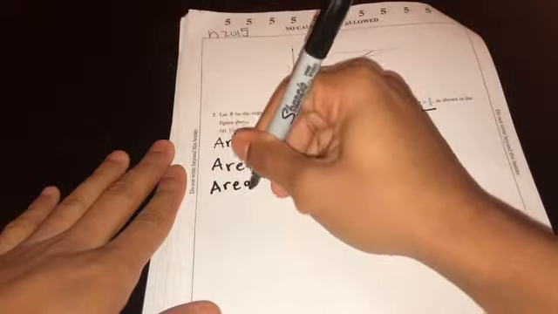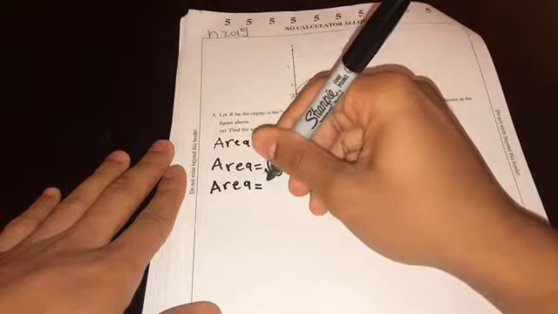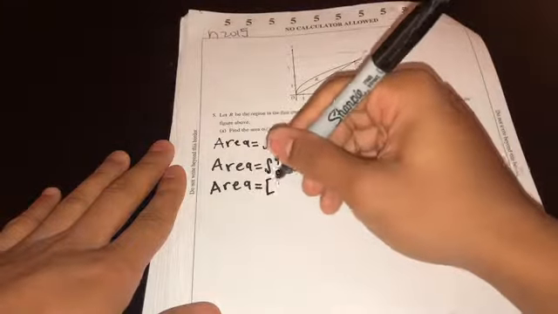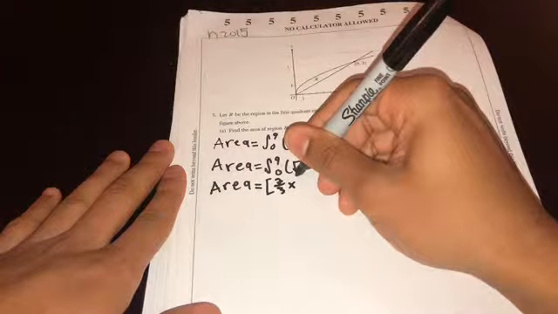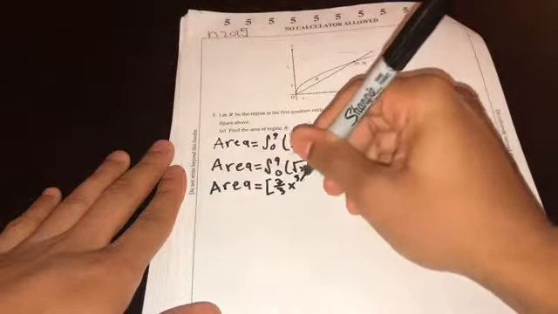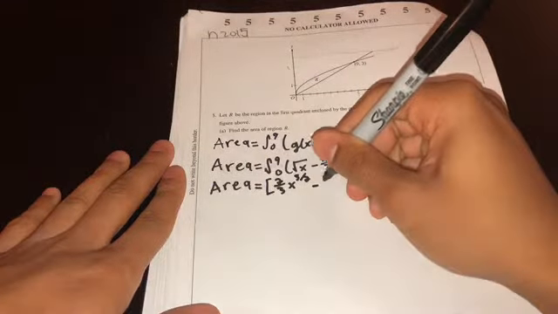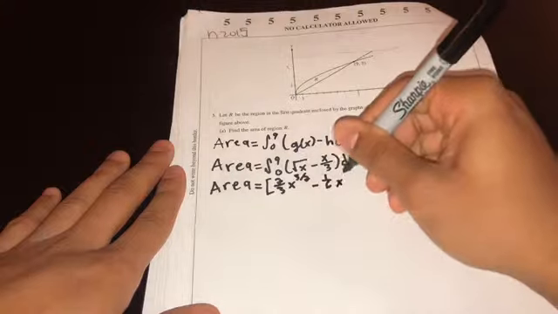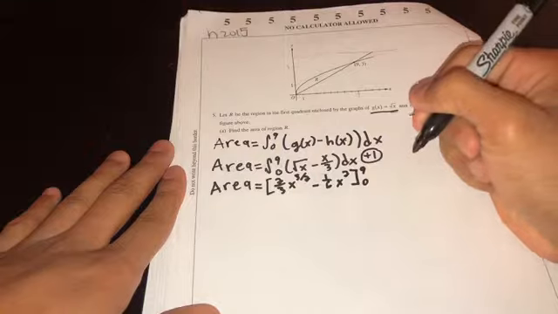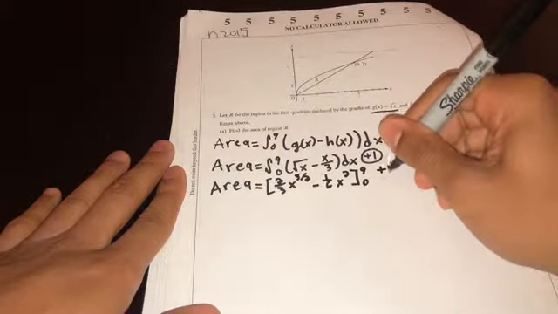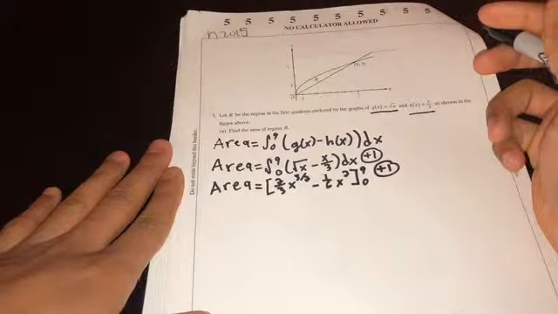So now you're going to find the antiderivative, which is going to be 2 over 3 x to the 3/2 power minus 1 over 6 x squared from 0 to 9. That's another point. We're just finding the antiderivative. And then after that, you're going to solve it.